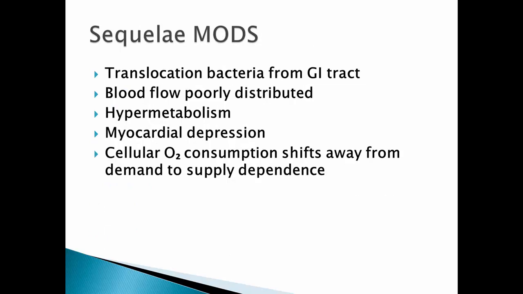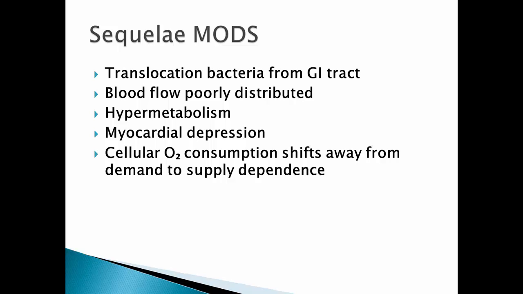So what can happen because of MODS? Certainly there are a number of negative sequelae that you could imagine. One of the things that we see with MODS, multiple organ dysfunction syndrome, is a translocation of bacteria from the GI tract. This is potentially life-threatening. If you remember that we have a lot of normal flora in our GI tract.